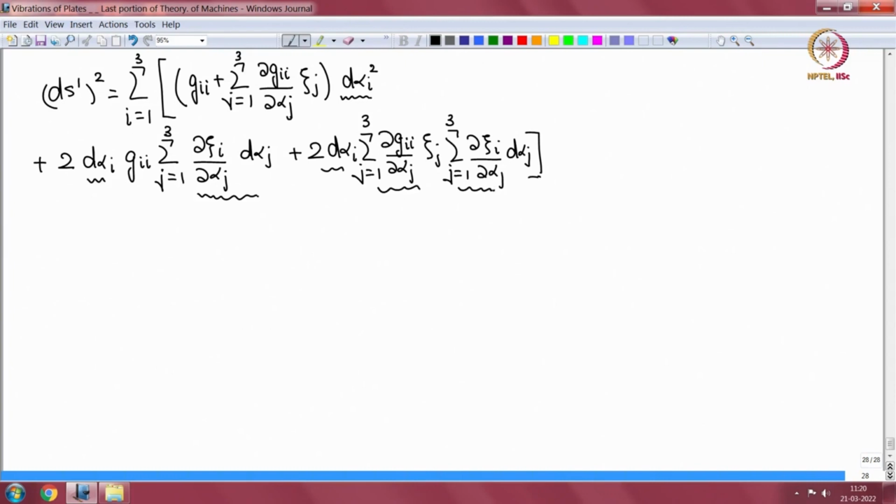So what we are going to do is we will drop this term over here, in comparison to the other two terms. So what we now have left is this term, and this term which has a 2 in it. This 2 we will write it twice.